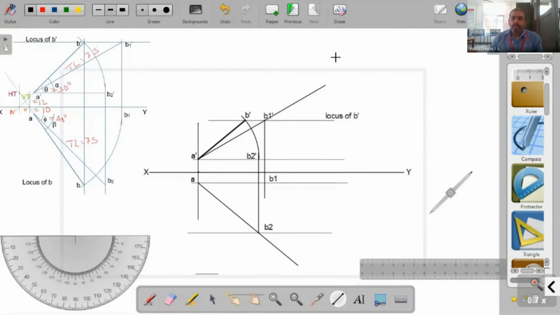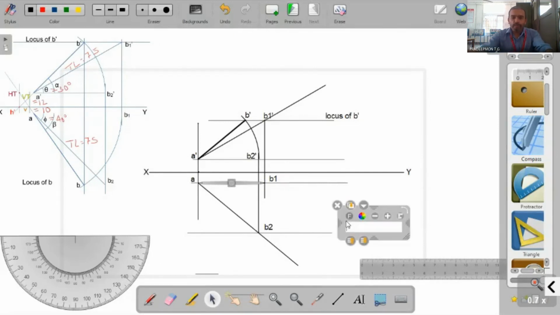Now similarly we have to rotate the top view length AB1 to the locus of B. Sorry, I forgot to mark the locus of B. Here is the locus of B.